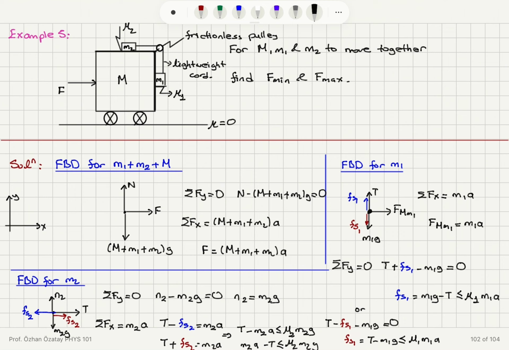If M2 is going to the left, the force of friction will be pointing to the right, and M1 is going up, the force of friction will be pointing down. That is the tendency, and then the static friction directions would be given by the red scenario.